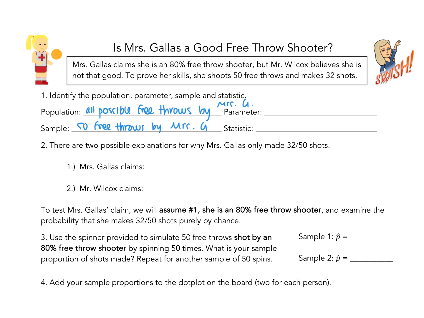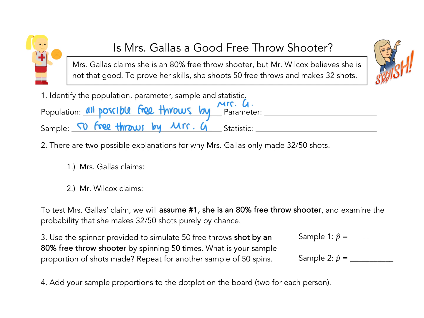Okay, for parameter and statistic, I want a statistical term. I don't just want numbers. In terms of parameter and statistic, what are we measuring? A proportion. So 80% we can write as a proportion. That 32 out of 50 we can write as a proportion.